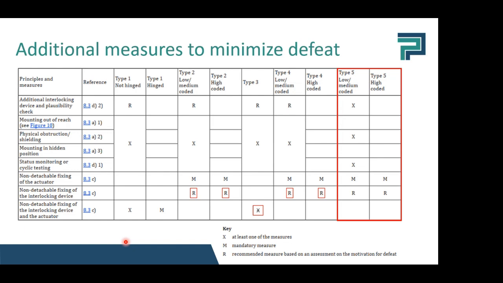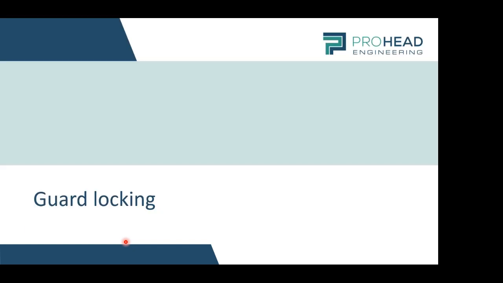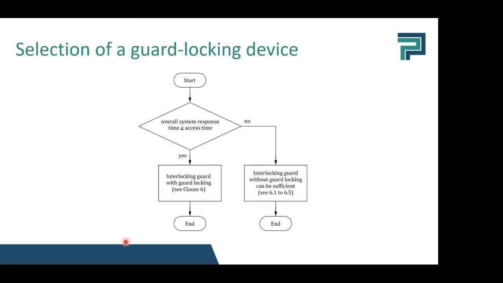Next, I will talk about guard locking. So what is guard locking? We will try to lock the guard itself so that it's impossible to enter the zone. And when is this required? When the system response time is larger than the access time.